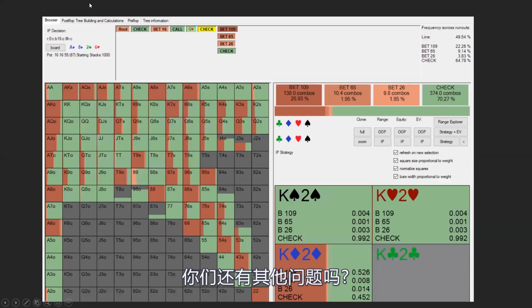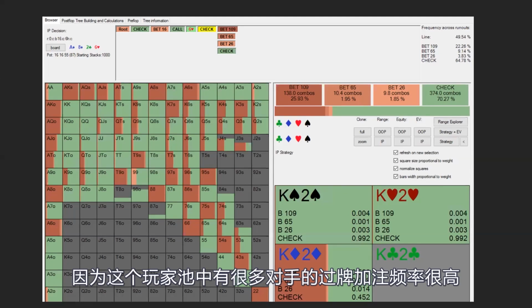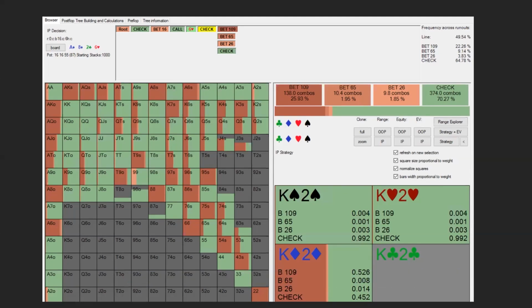So do you guys have any questions about this before we move on? Andre? Yes, I do have a very good check-back range on 500Z. One of the reasons is that there are some people check-raising like 25 to 30%, so you cannot just blindly bet your range.